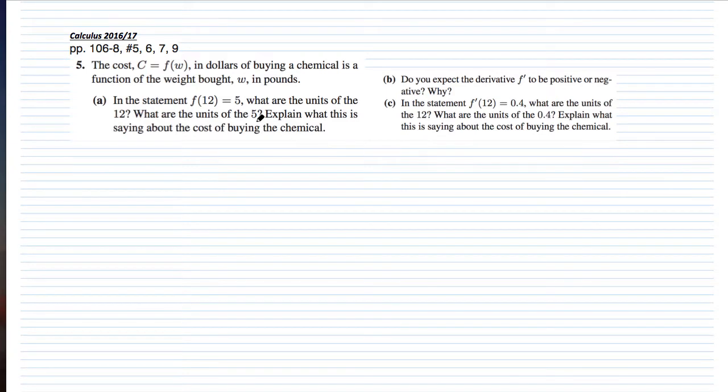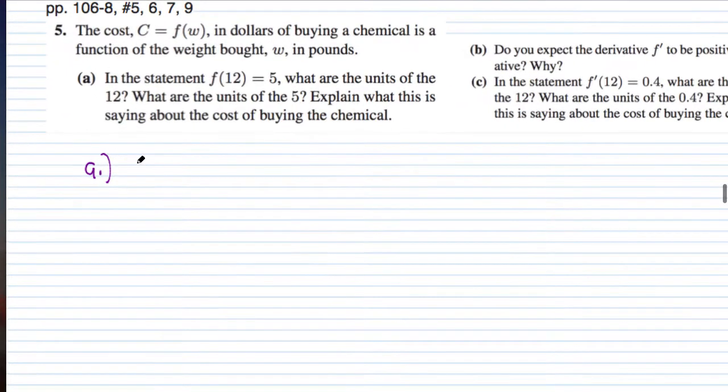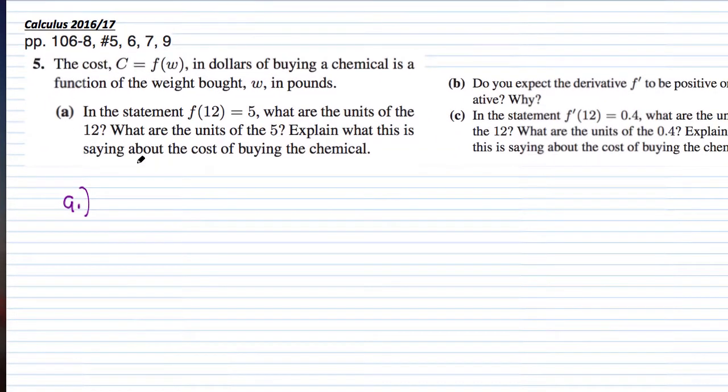Now we get to our textbook problems. Our first problem has to do with some cost as a function of the weight of a chemical. So question A asks us to interpret the statement f of 12 equals 5.